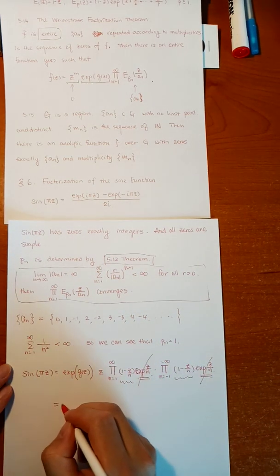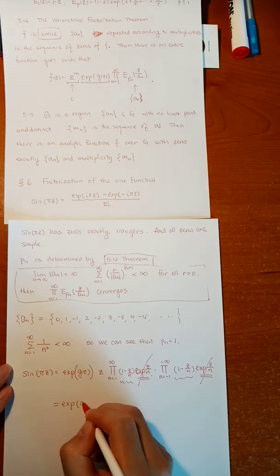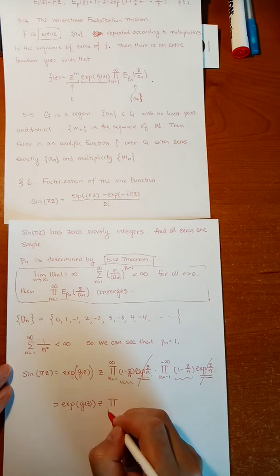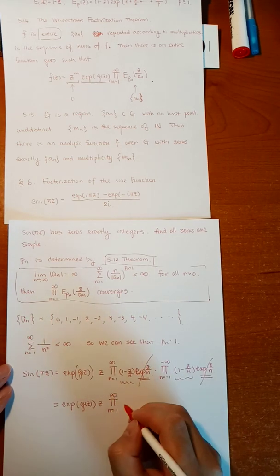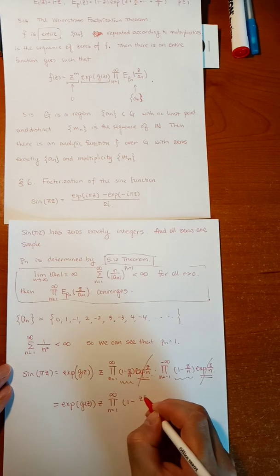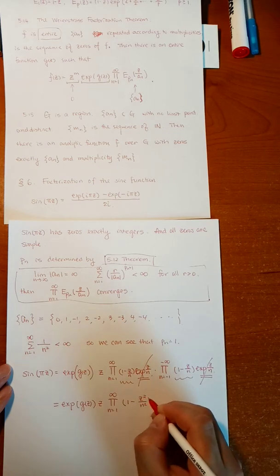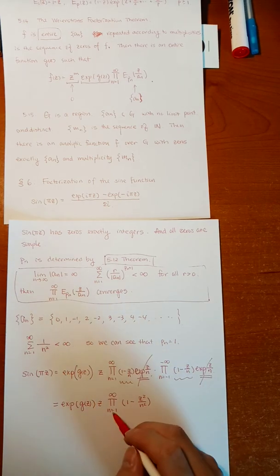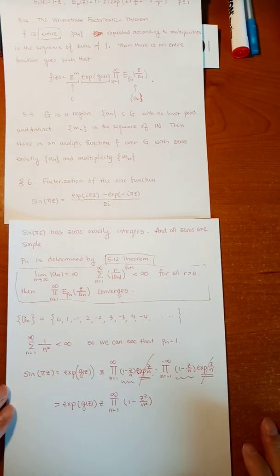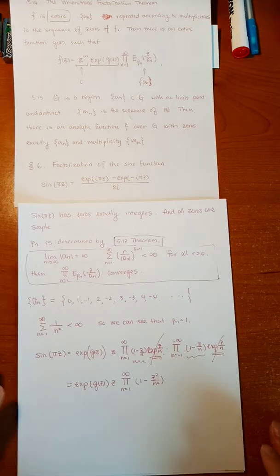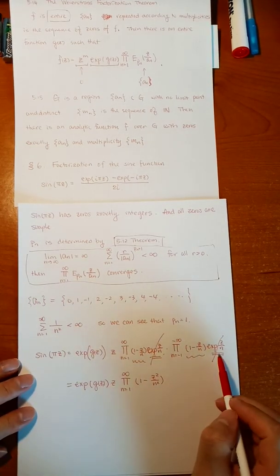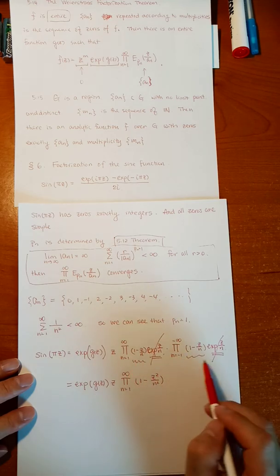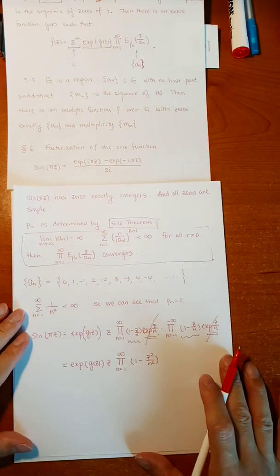So you only have the infinite product, n from 1 to infinity, of 1 minus z squared over n squared. Even though they have the same formula, one has a negative sign and the other a positive sign, so they always cancel.